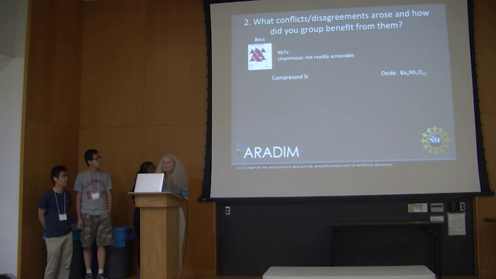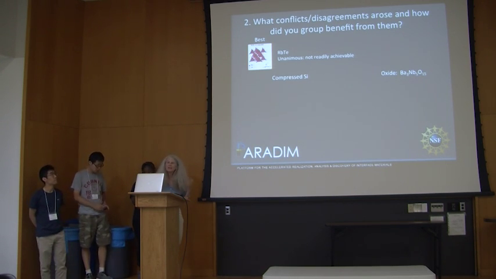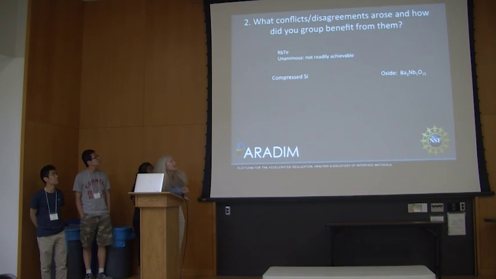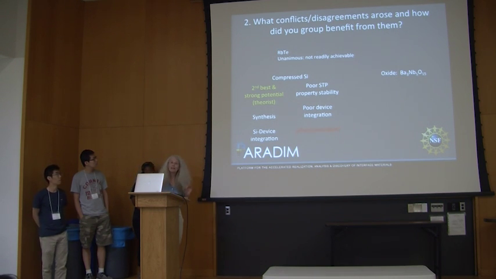Our group had an interesting dynamic. We reached consensus on the material that had the best properties but could not be grown very quickly and got rid of it. That left us with the choice between compressed silicon and the oxides, and there was actually quite a substantial discussion there. Our theorists saw that the compressed silicon had the second best properties and the greatest potential for future improved properties.